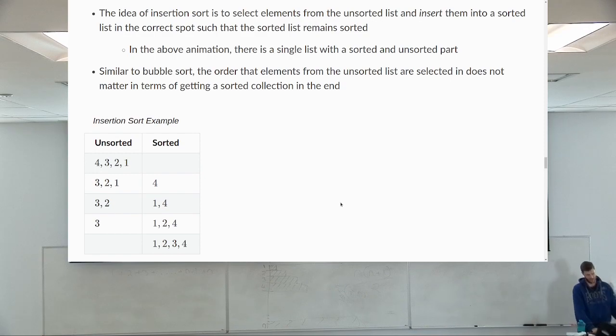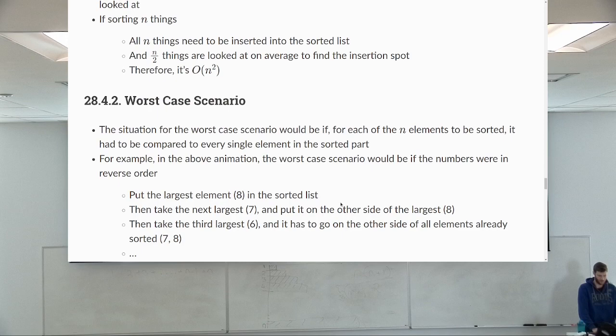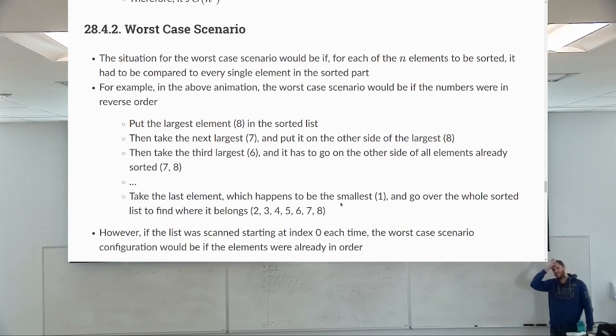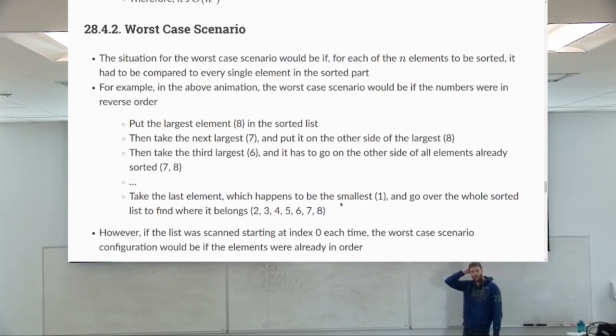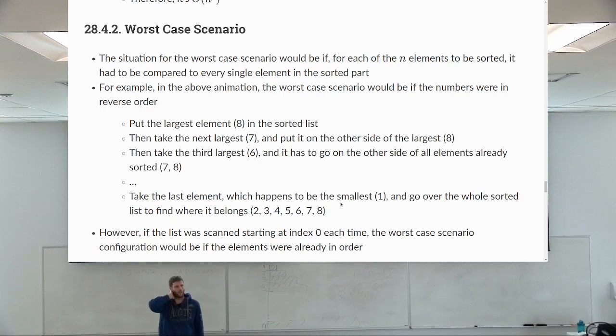So, there we go. We just talked about computation complexity. So, worst case scenario, like we talked bubble sort. The best case scenario is, depending on the implementation, if you get the elements in order. So is there something similar for insertion sort? Well, it really depends on how you implement it.